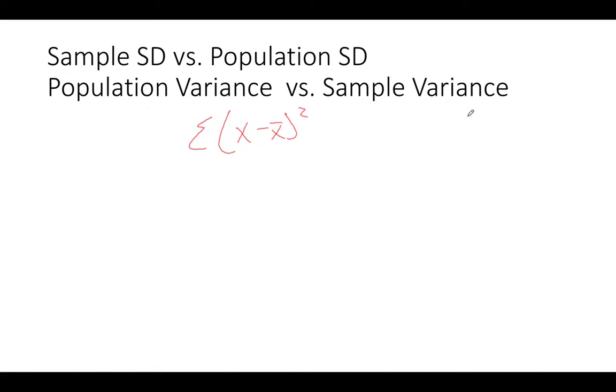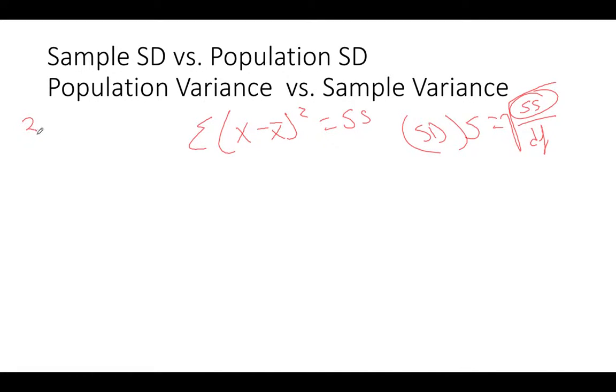In certain instances, they're going to tell you that s, or standard deviation, equals the square root of the sum of squares divided by degrees of freedom. Sum of squares is equal to this. So whenever you see this formula and they say calculate sum of squares, they're essentially saying do this.